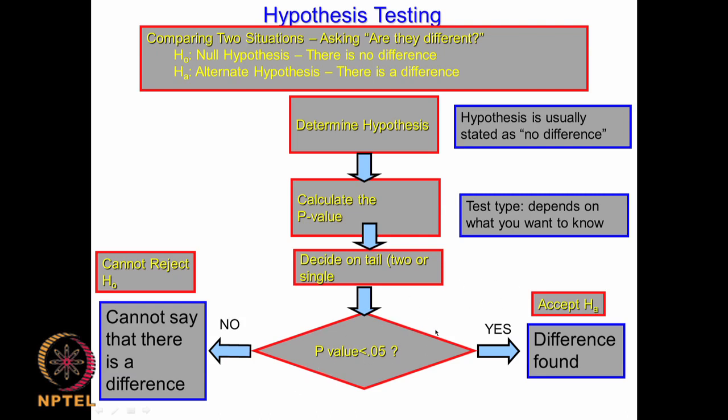If it is greater, then obviously we cannot say the null hypothesis can be rejected, whereas if it is a very small value we can say there is reason for rejecting the null hypothesis.